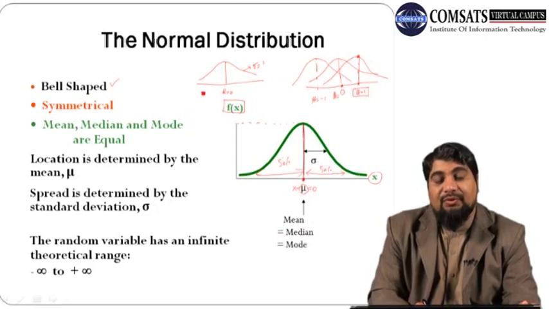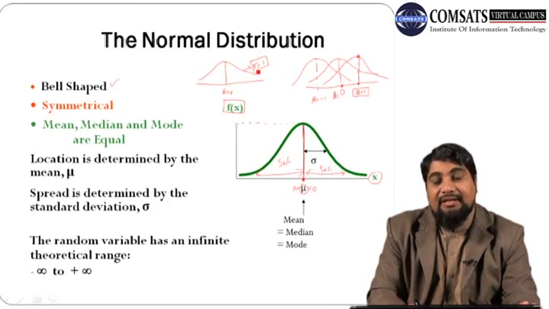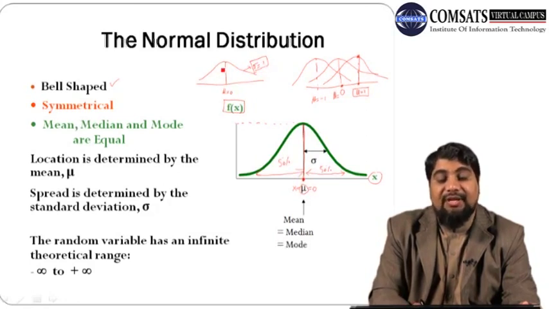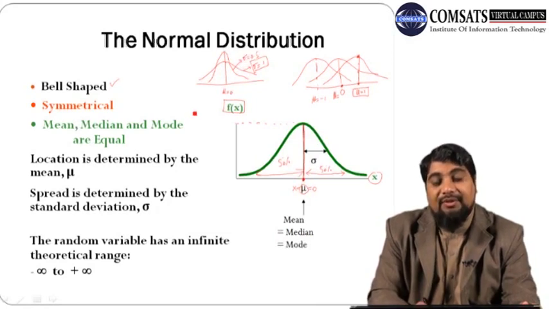Now suppose we have a normal distribution with the same mean 0, but the standard deviation decreases from 1 to 0.5. So in that case, this is a new distribution with sigma equals 0.5. You can see that the spread of this new distribution is now decreased.